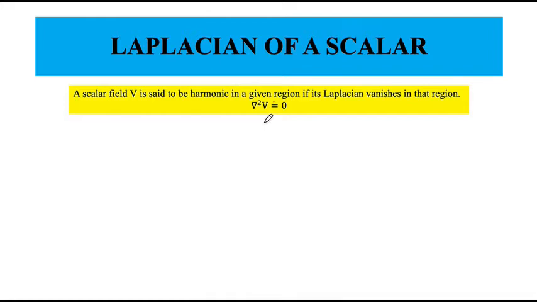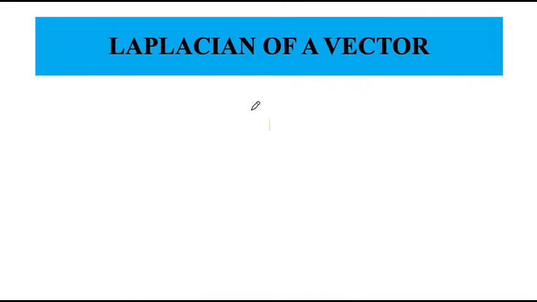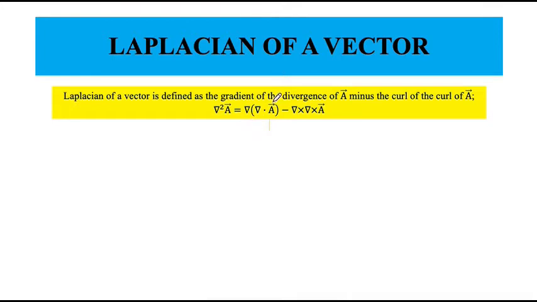We have only considered the Laplacian of a scalar, since the Laplacian operator del squared V is a scalar operator. It is possible to define a Laplacian for a vector, okay, A. In this context, del squared A would be obtained by the divergence of the gradient of A, which will not make any sense.